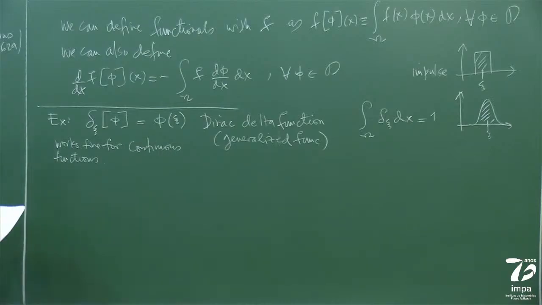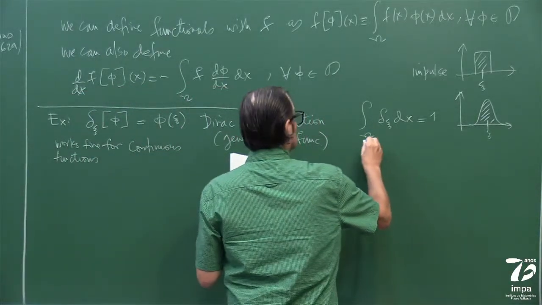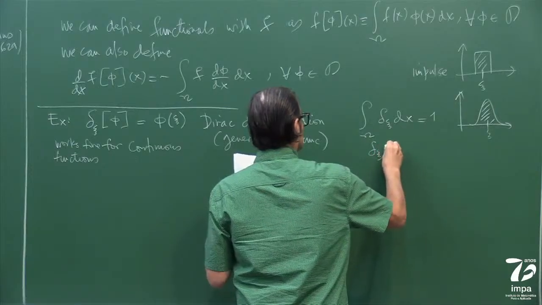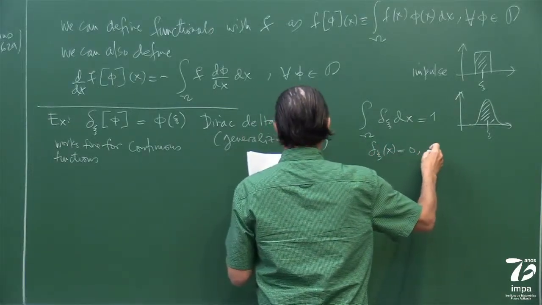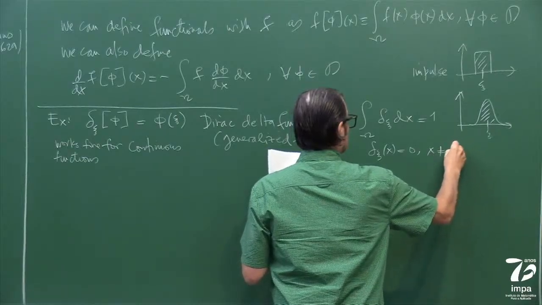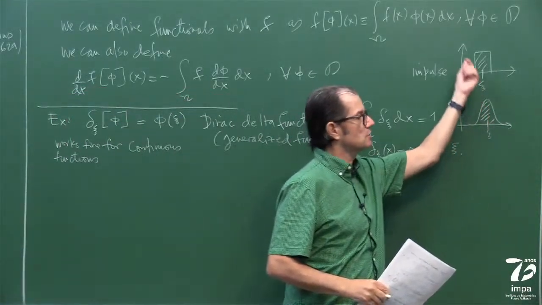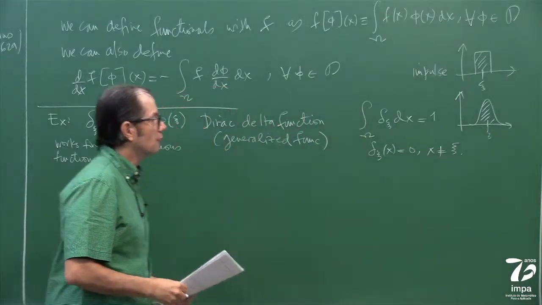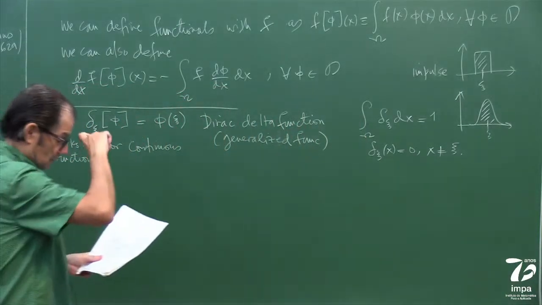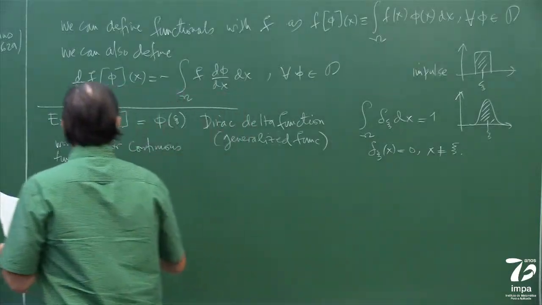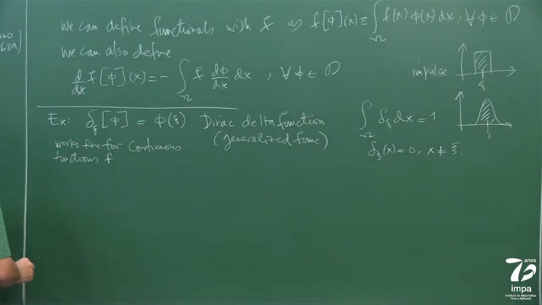So look at this. This generalized function here is a function d phi of x, which is 0 for x different from c; in the limit this guy shrinks, it's infinity at the point. So for continuous functions, say f.